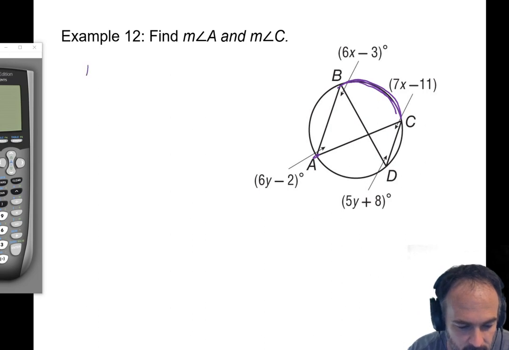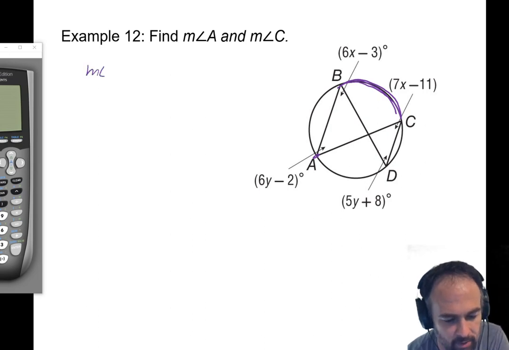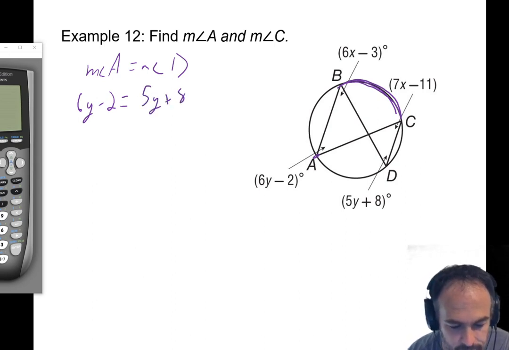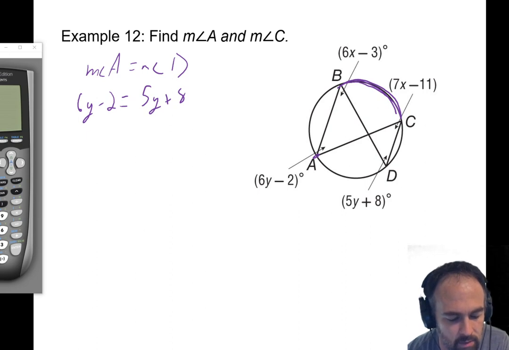So that must mean that the measure of angle A equals the measure of angle D. So 6y minus 2 is equal to 5y plus 8. Let's solve. Subtract 5y on both sides gives me y. Add 2 to both sides gives me 10.